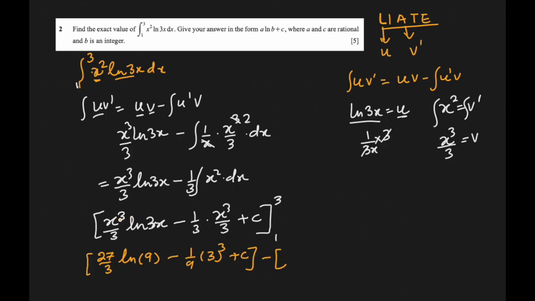Now we'll substitute 1, which is 1 cube, so 1 over 3 natural log of 3 times 1, which is 3, minus 1 over 9 times 1 cube, and plus c.